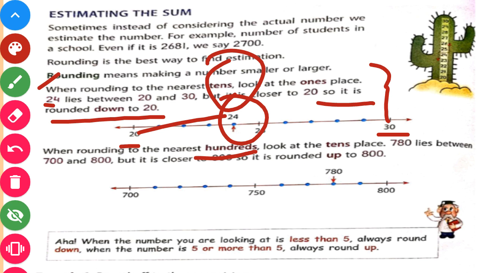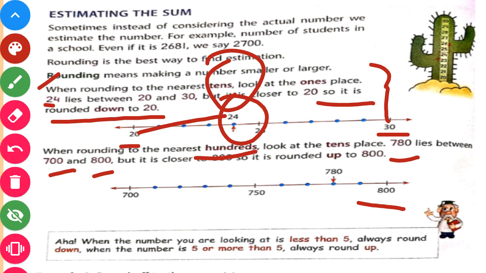Here they have taken the example of 780. 780 lies between 700 and 800, but it is closer to 800. So it is rounded up to 800.